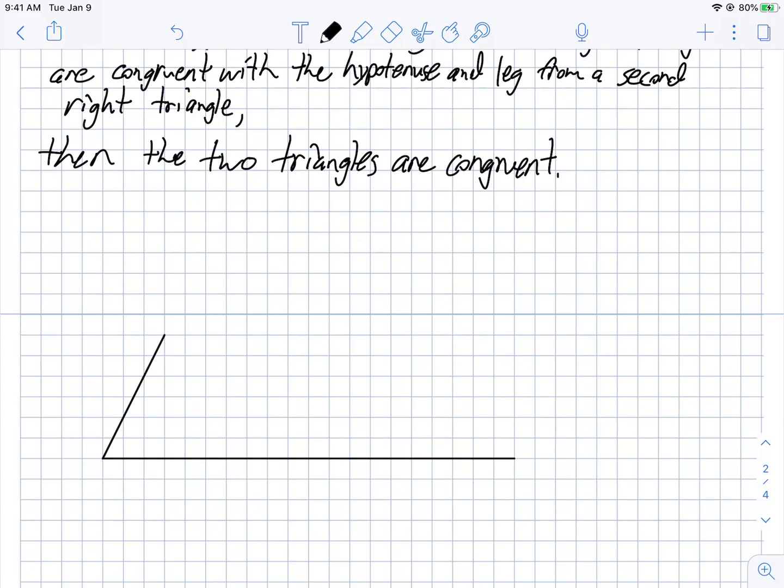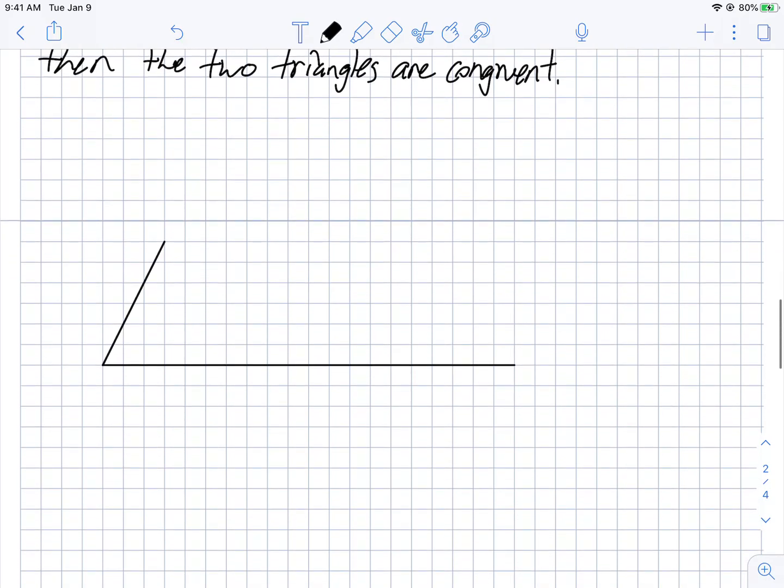Okay, so we have a triangle here. And then I'm going to make something that's exactly the same right below it. And we'll see how well this goes.